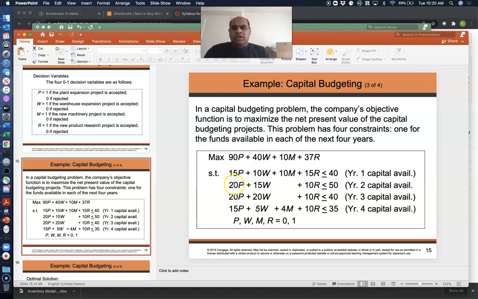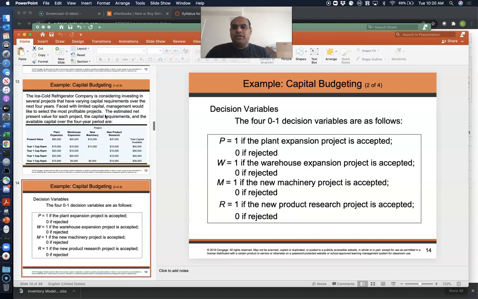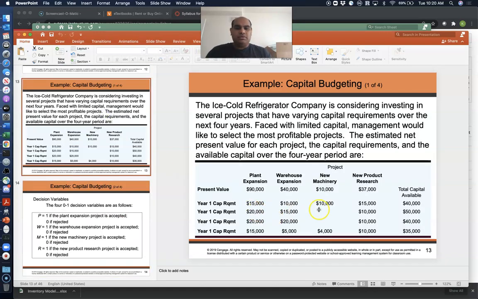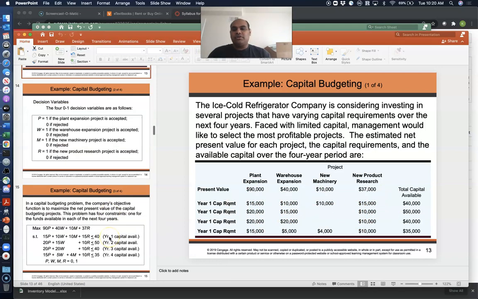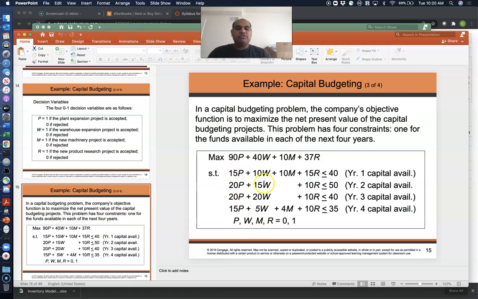For year 2, there's no cost incurred from new machinery. There's only cost from plant expansion, warehouse expansion, and new product research. So 20,000 for plant, 15,000 for warehouse, 10,000 for research. It has to be less than the 50,000 that's available.